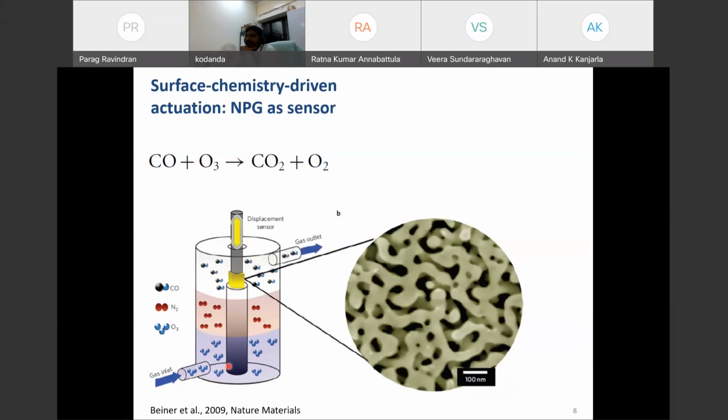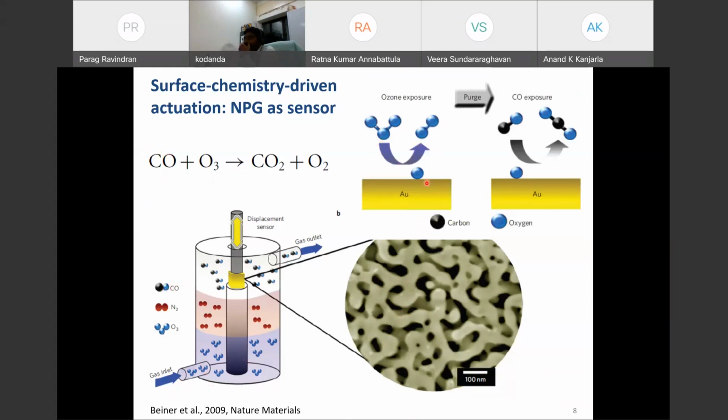So they carried out this chemical reaction on the surface of this nanoporous gold and measured the actuation response here. What happens is that once the ozone is passed through the porous material, the ozone decomposes and leaves an atomic adsorbed oxygen atom on the surface. And when you pass carbon monoxide through it, that carbon monoxide reacts with the adsorbed oxygen, and then the oxygen would leave, leaving behind a free virgin gold surface.